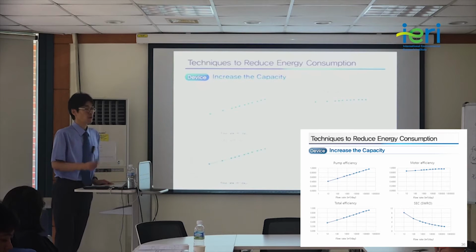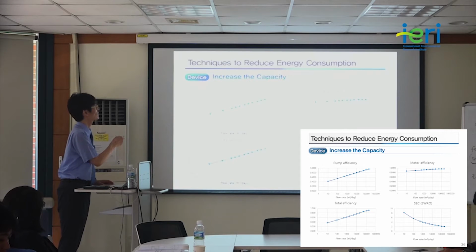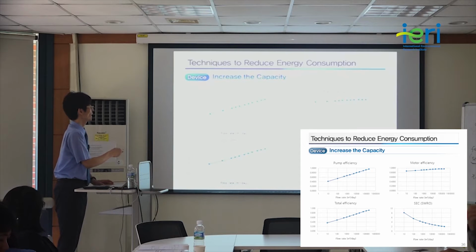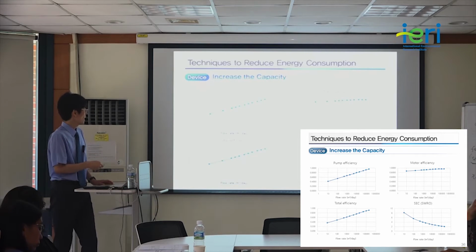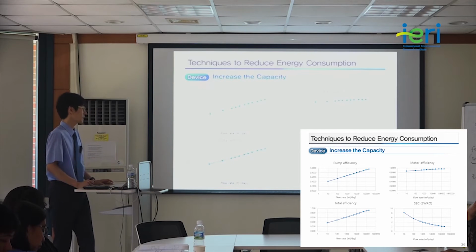By the way, if you want the whole efficiency of a high pressure pump, you have to multiply the pump efficiency and the motor efficiency to get the total efficiency. And the total efficiency depends on the flow rate or the size of the pump.